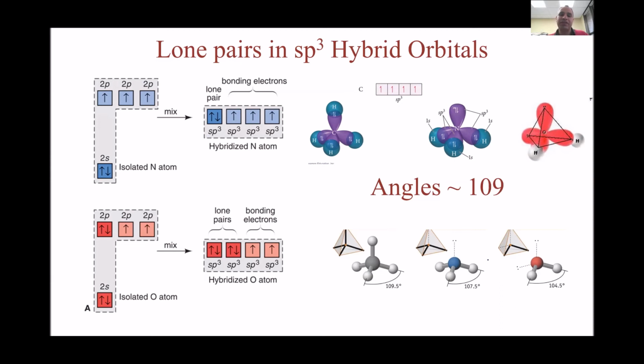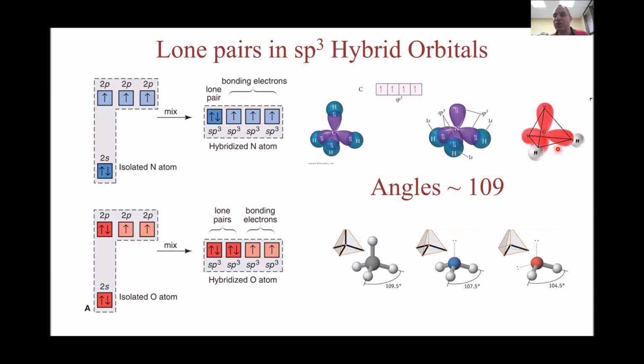If the central atom is using all domains in bonding, it's going to assume the same tetrahedral shape, like in the case of methane. If it's only using 3 domains in bonding with 1 lone pair in the 4th position, it's going to assume a trigonal pyramidal shape with an angle that is slightly smaller than 109.5.